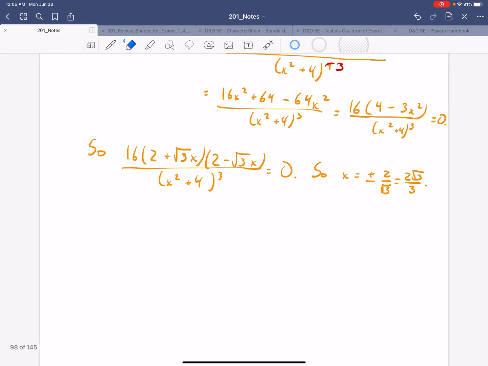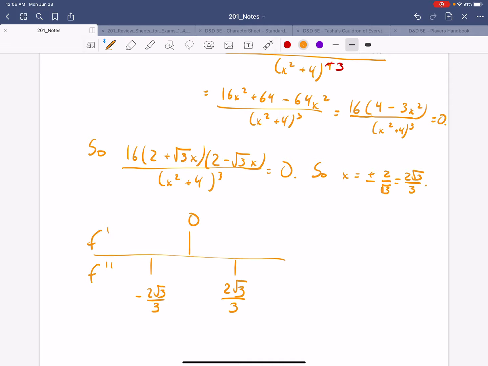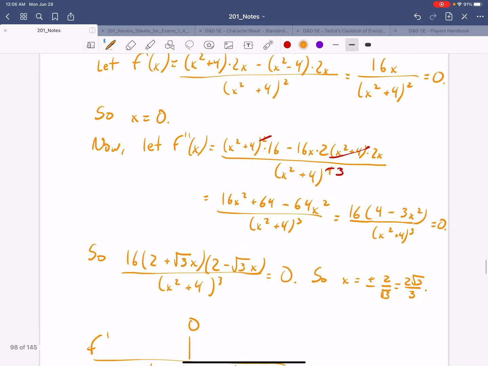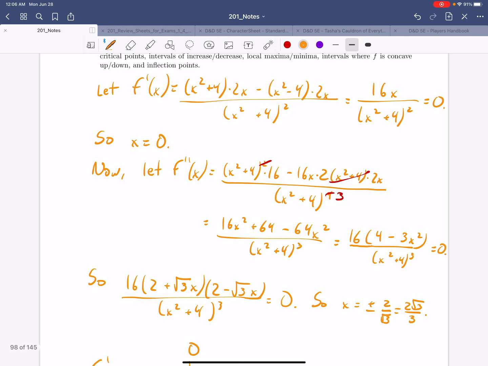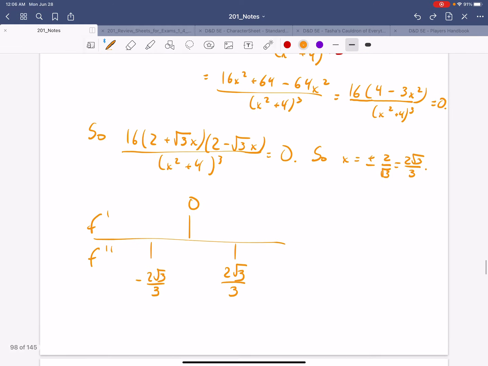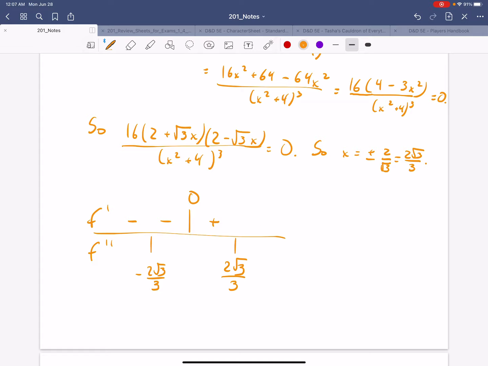When we do our chart, we're going to have x equals 0 up here, and then we have x equals negative 2 root 3 over 3, and positive 2 root 3 over 3 over here. So let's see what happens. We plug in a negative number. It should be pretty clear that this value is negative, because the top is negative and the bottom is always positive. Plug in a positive number, you're going to get a positive number.